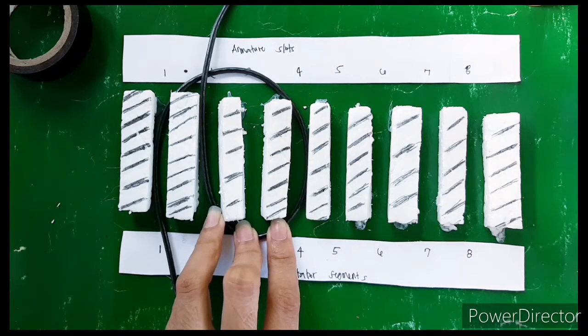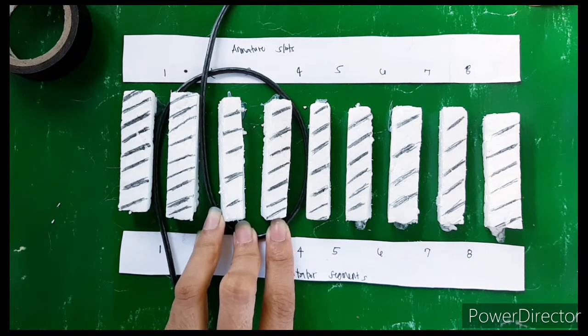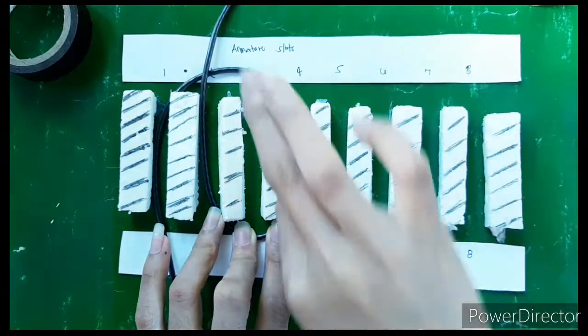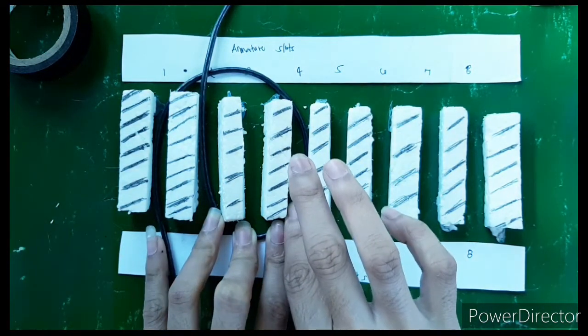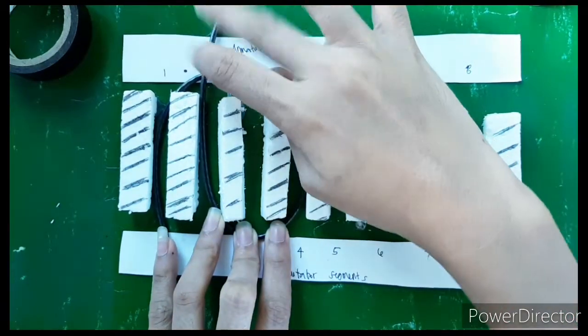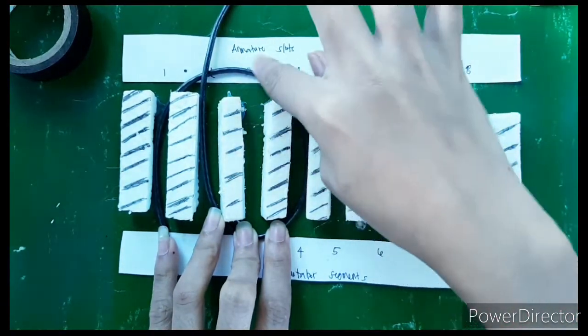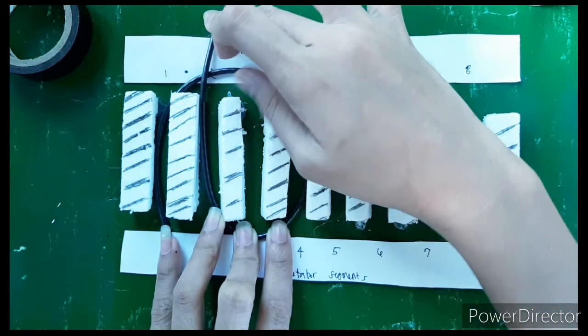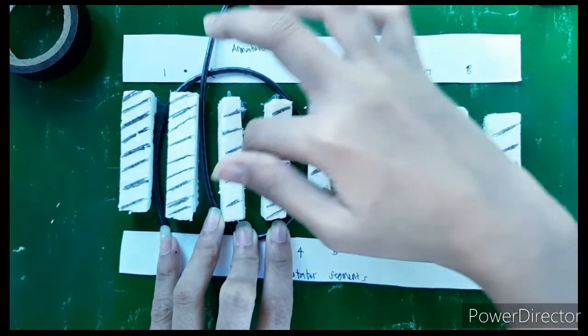And the front pitch is just the distance between the end of the first turn, this one, and the start of the second turn, this one. The distance between these two, because this is the end of the first turn and the start of the second turn, is 2 slots, 1, 2.